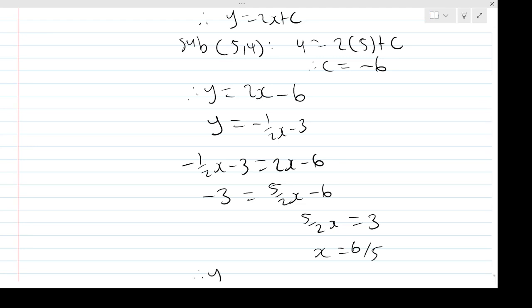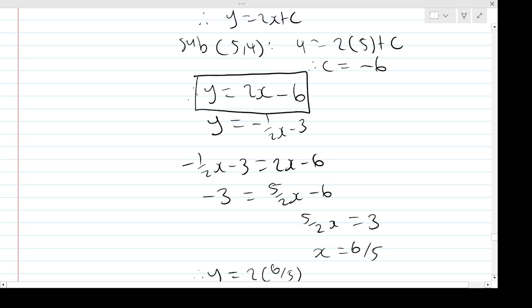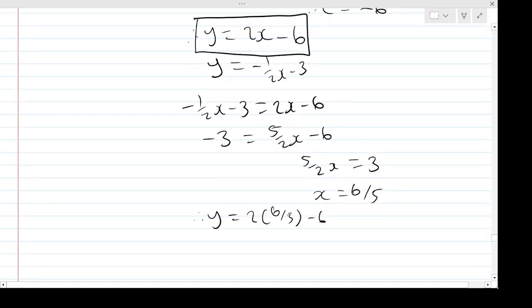Therefore for y, I could substitute that into either equation. Actually, I'm going to substitute it into y is 2x minus 6, because it looks a bit nicer, there's no fraction. So y would be 6 over 5 times 2, minus 6. Putting that in a calculator, the corresponding y value would be minus 18 over 5.